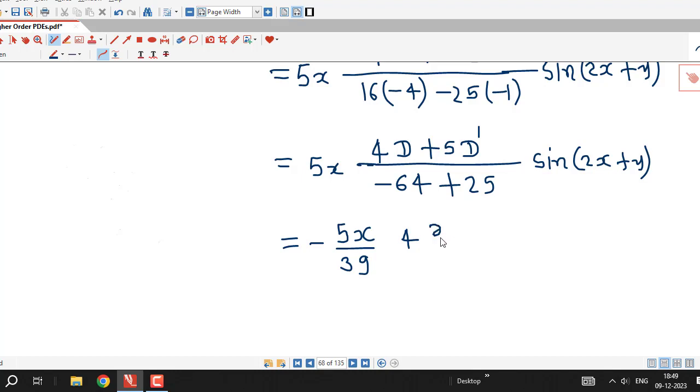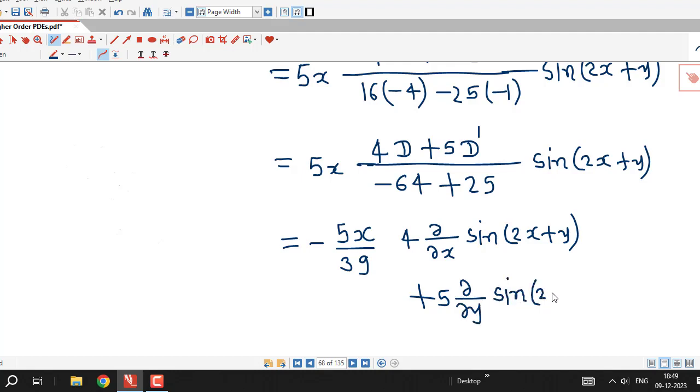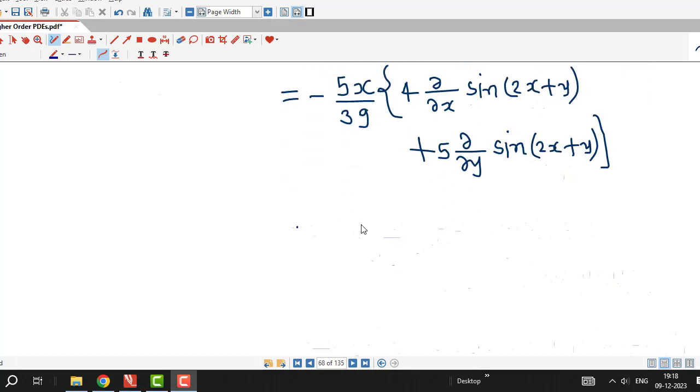That is 4 times del by del x of sine 2x plus y plus 5 times del by del y of sine 2x plus y. Now in the next step we write down the partial derivatives.